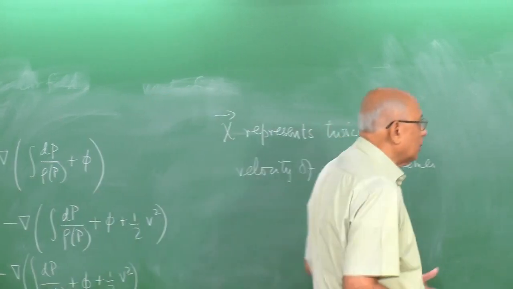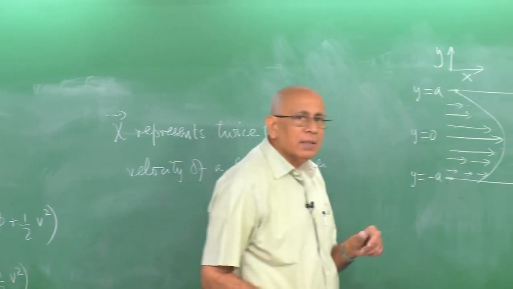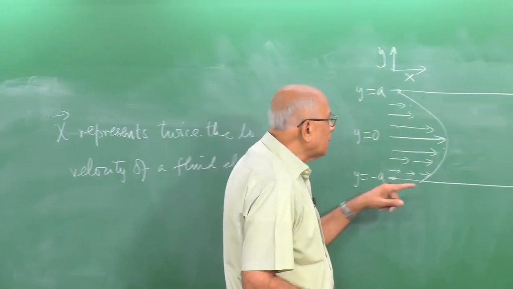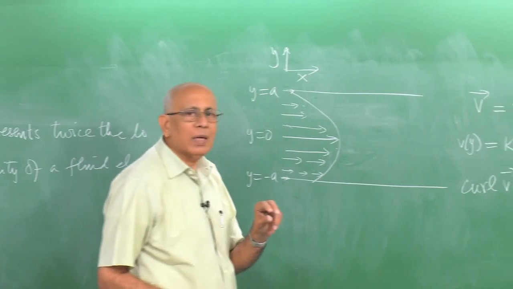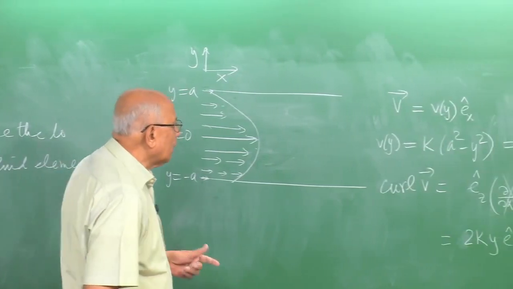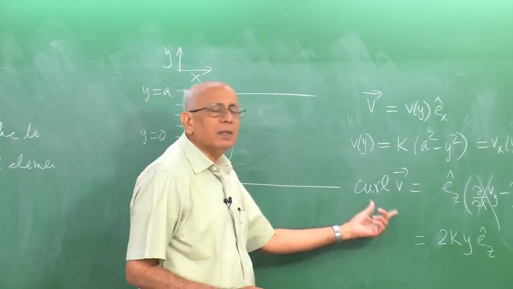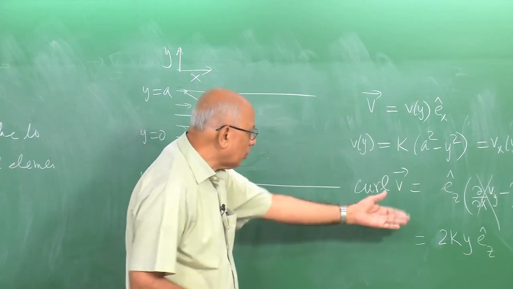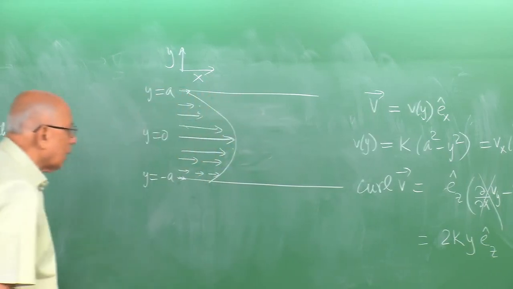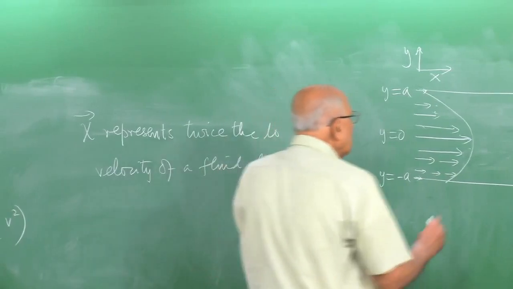It's just a piece of terminology, but what it implies is the following. It implies that fluid elements here have a local angular velocity which is given by half this curl here, in other words proportional to ky, equal to ky times Ez. What it means is the following.